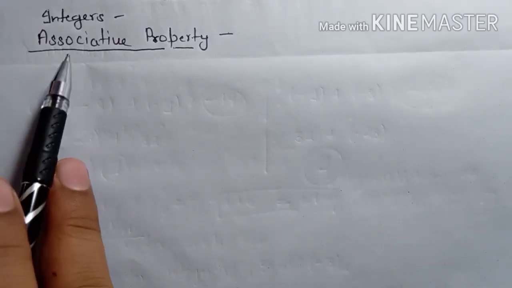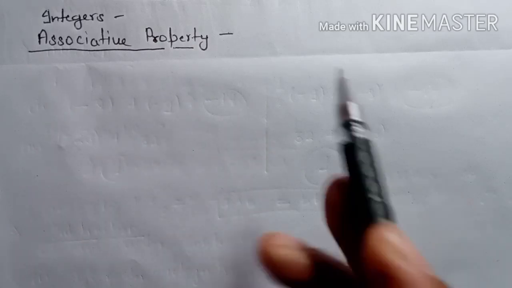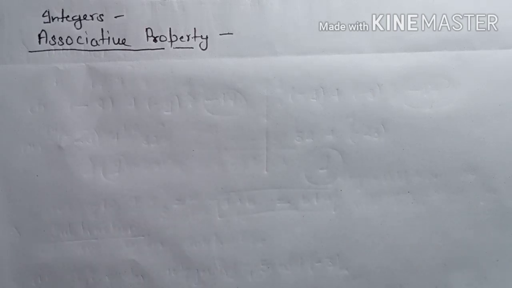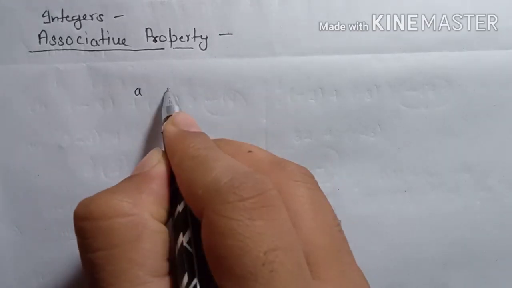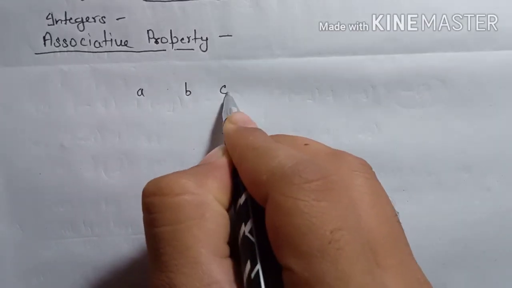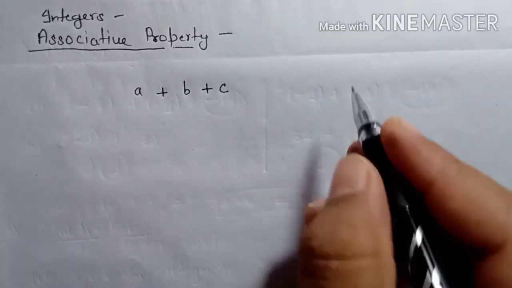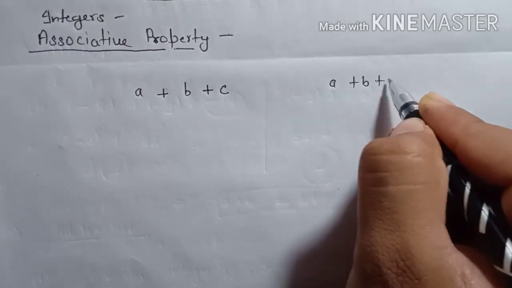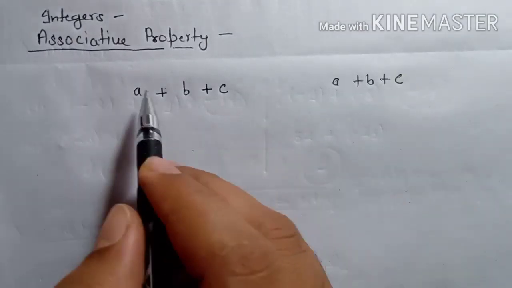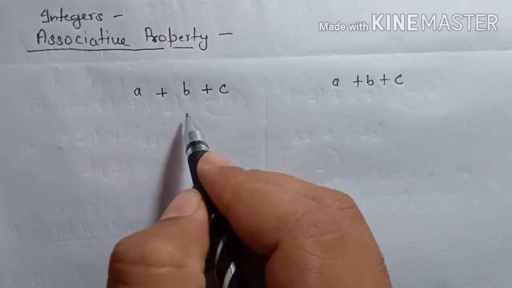And we have another property which is the associative property, and for integers we have to check this property here. The simple meaning of this property is, if we have three numbers a, b and c, and we want to add these numbers, we can add a and b first and then add c in that result.